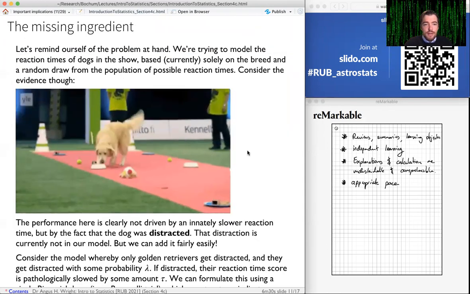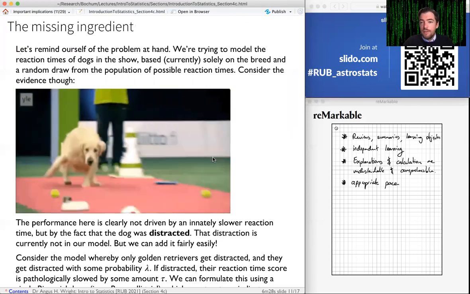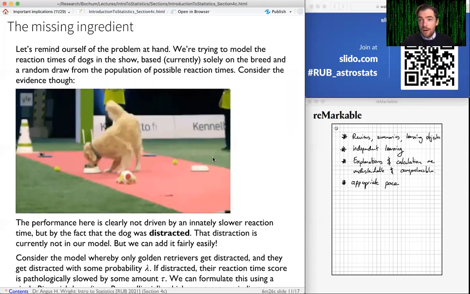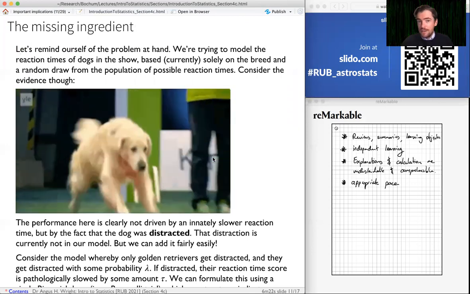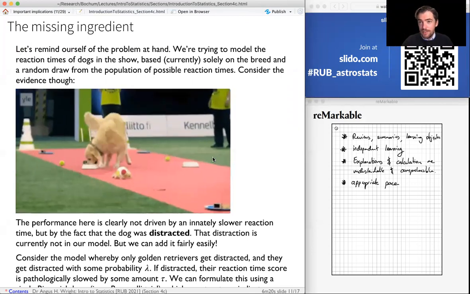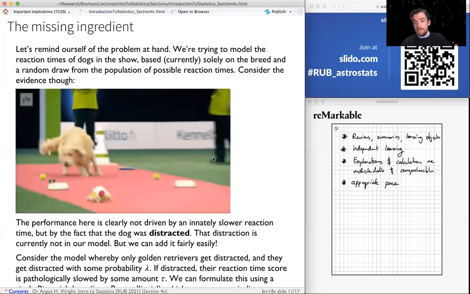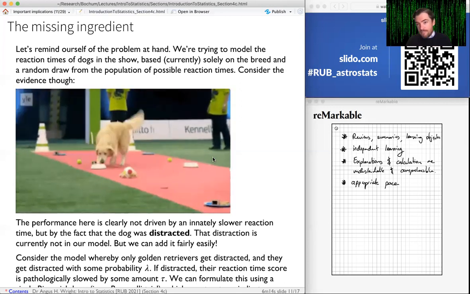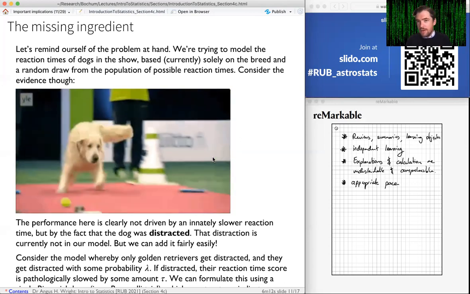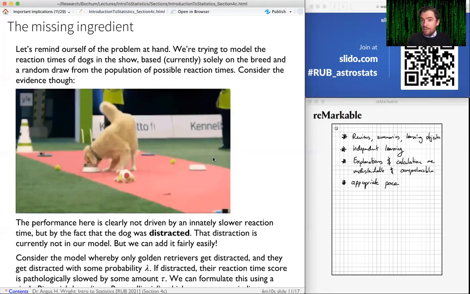But this is clearly not a delay caused by some inherent genetic effect. This is distraction. This dog could have kept running, but didn't. And that factor isn't currently in our model, but we can add it.